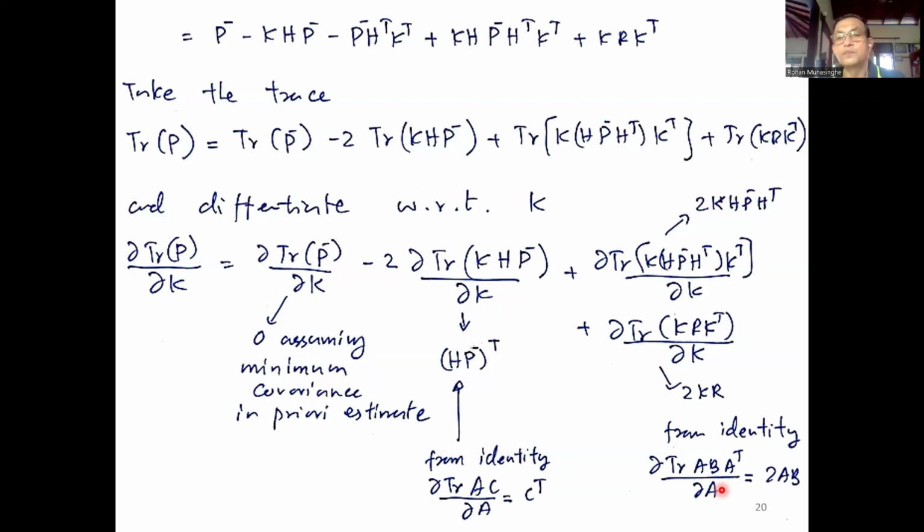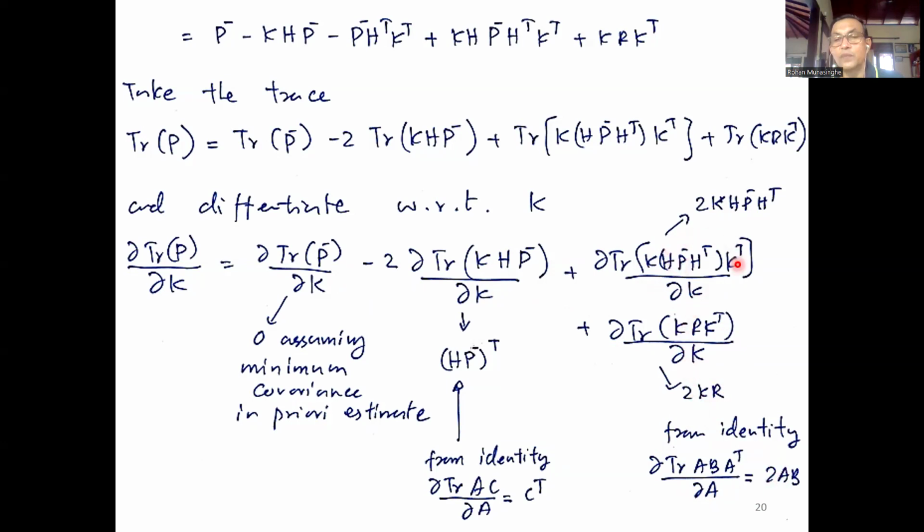Now, this is exactly that: A, B, A transpose. Here also the same, A, B, A transpose. Now, A is actually K over here. Anyway, you are differentiating with respect to K. So to be aligned with these identities, A should be K, and the answer is 2AB.